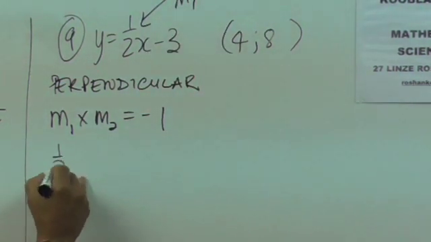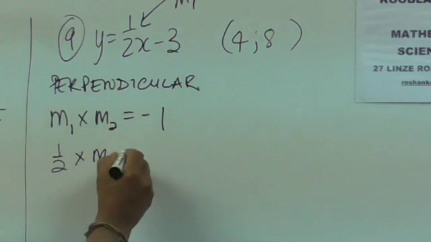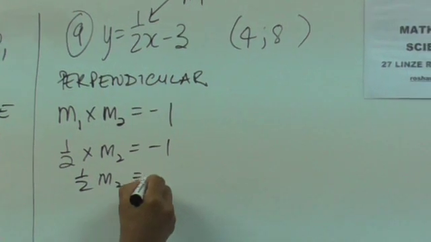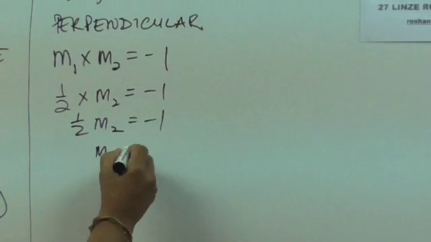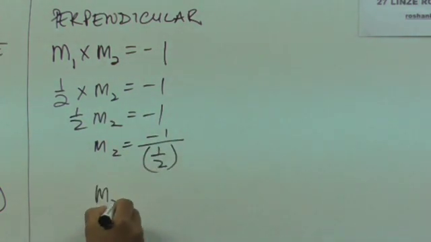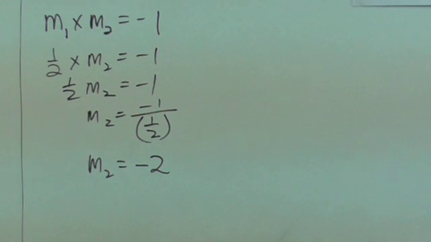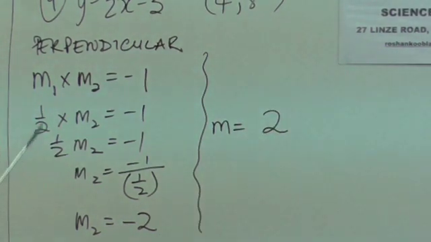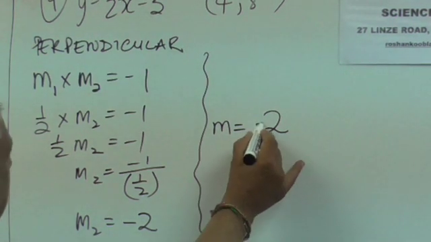So gradient 1 is half, times gradient 2 is equal to negative 1. Half M2 is equal to negative 1. M2 is equal to negative 1 divided by half. Put it in the calculator, it's equal to negative 2. Or if you use this method here, inverse with the opposite sign, inverse of half is 2, and the opposite sign will be negative.